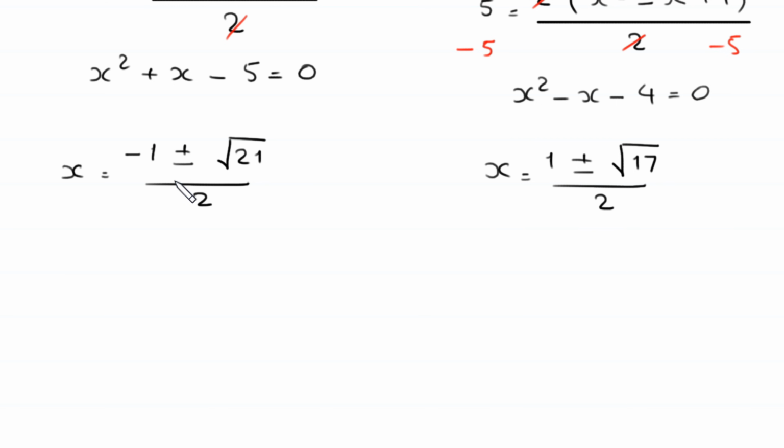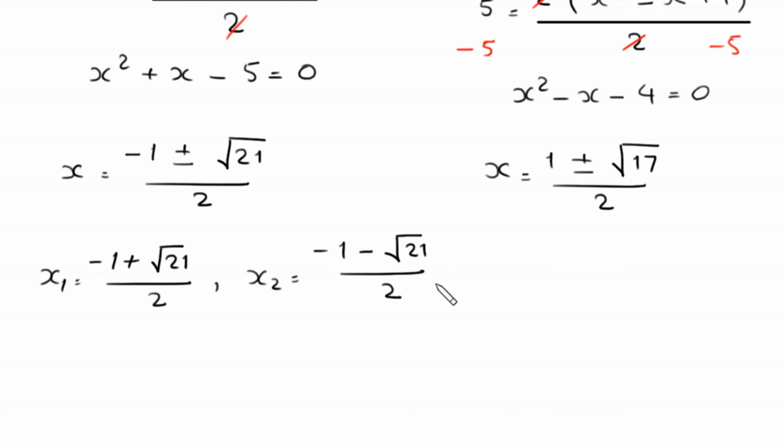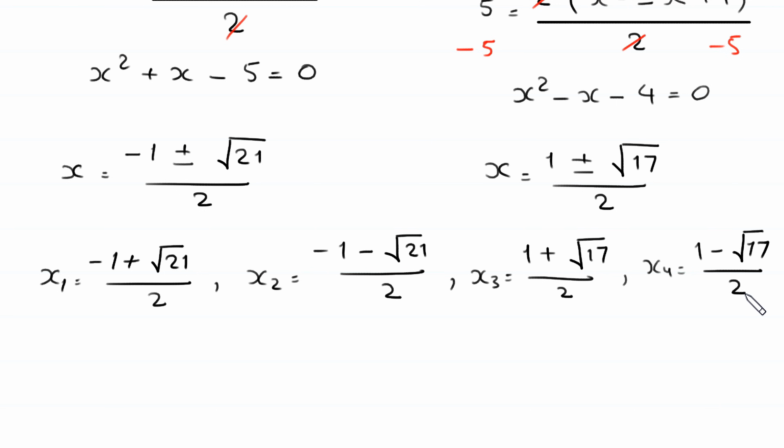From this equation, we get two values of x. x1 is equal to negative 1 plus root 21 divided by 2, and x2 is equal to negative 1 minus root 21 divided by 2. And from this equation, we get the third value of x is equal to 1 plus root 17 divided by 2, and x4 is equal to 1 minus root 17 divided by 2.